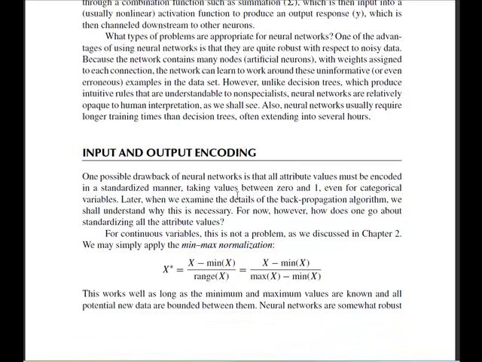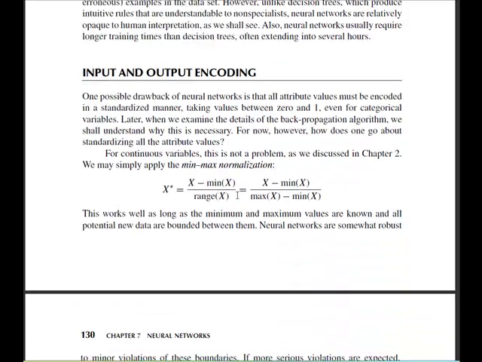Okay, first issue is input and output encoding. So one possible drawback of neural networks is that all the attribute values must be encoded in a standardized manner. What that means is, if you're inputting a lot of different kinds of variables into the neural network, for example, one is income and the other is a person's height.